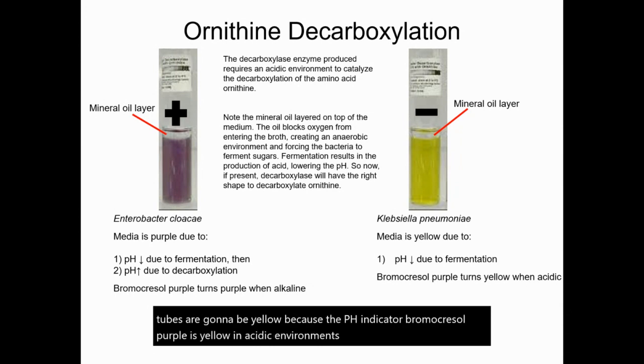Now, if we put E. cloacae in the tube, it does have the decarboxylase enzyme. So once the media becomes acidic, decarboxylase is activated and it starts decarboxylating ornithine, which is going to cause the pH to go back up and the media is going to turn purple.